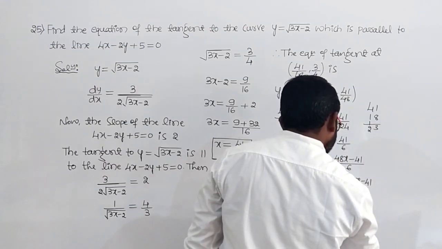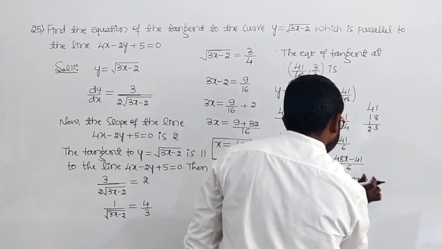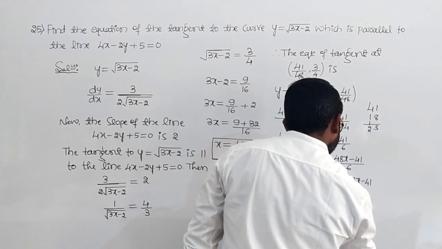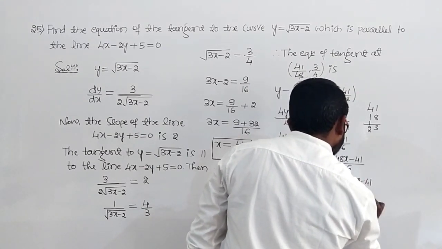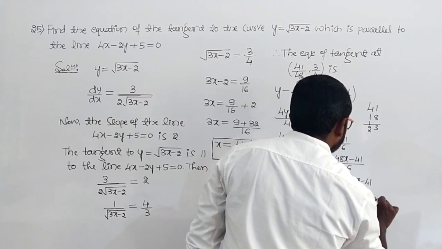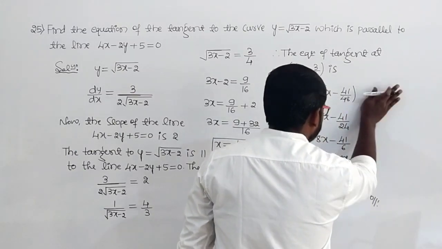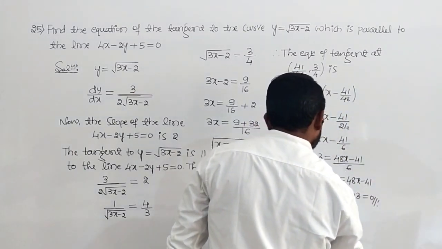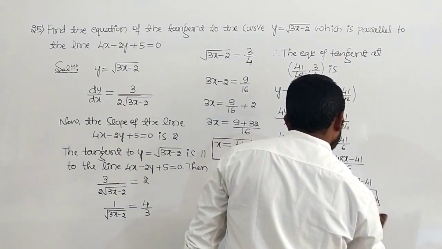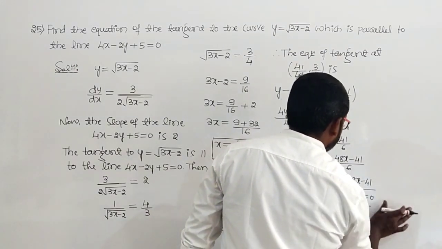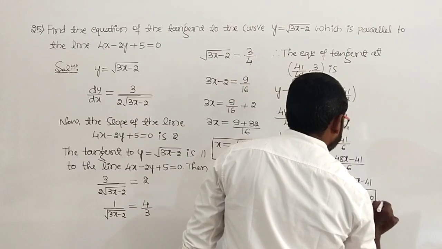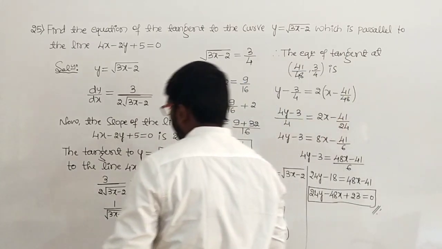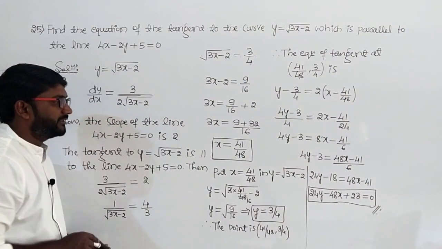So overall becomes plus 23 equals 0. This is the equation of the tangent. So write down this, and then we'll take up the last two multiple choice questions. This is all about the 25th question.